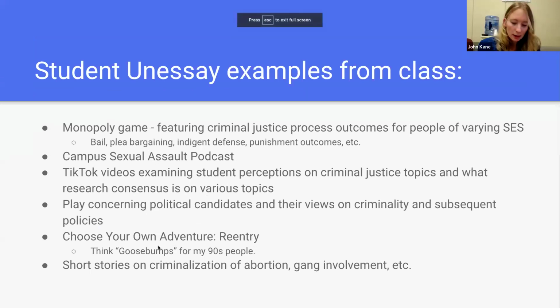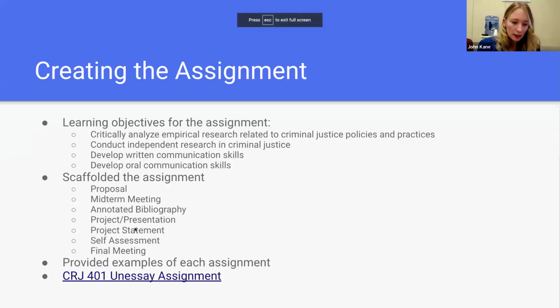And so, actually, I'm going to go back to the scaffolding assignments then. I did include an annotated bibliography because I still wanted students to have some engagement, and of course, as the learning objectives required, there was still a lot of research embedded in this project.